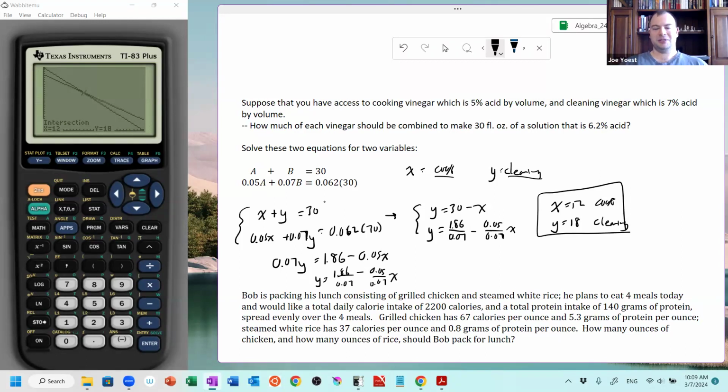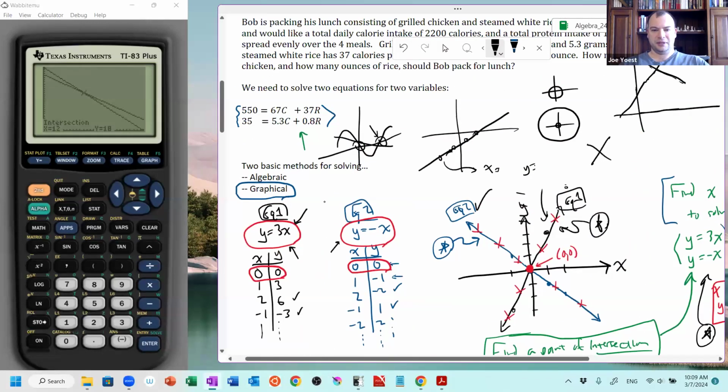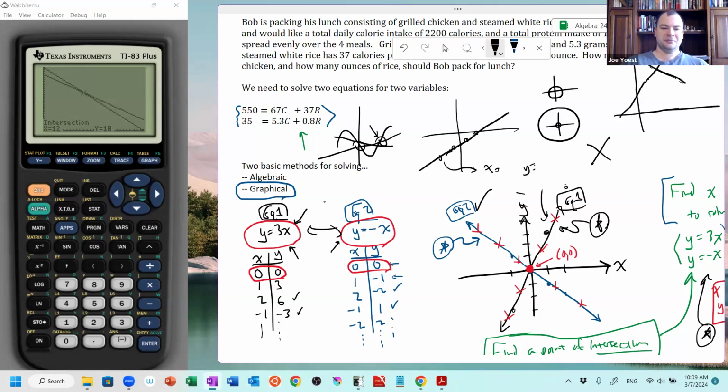That was a bit of a messy algebra problem to solve, but the calculator solved this messy problem with all of these crazy decimals just as easily as it solved this almost trivial problem up here. So with the calculator, it's pretty much the same amount of effort for any problem. Solving by hand, sometimes it can be super quick, sometimes super tedious, or anything in between.